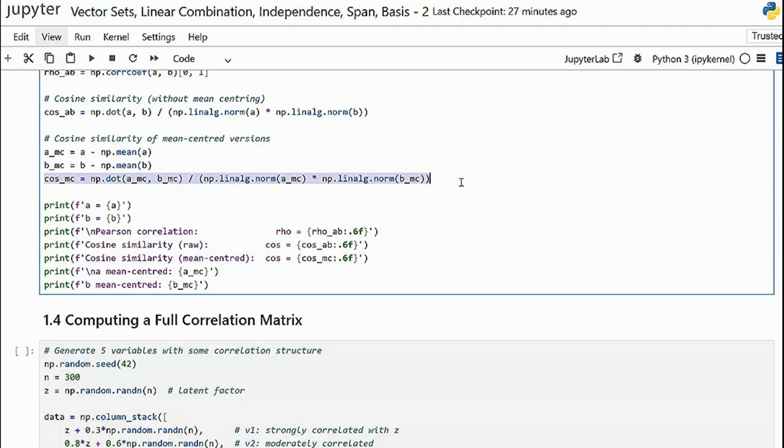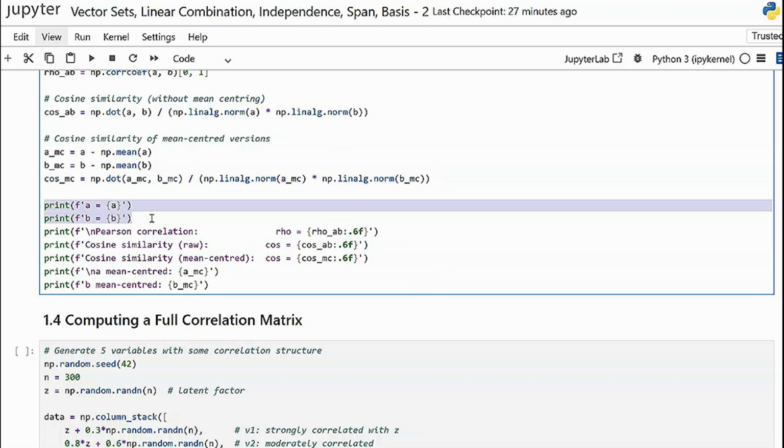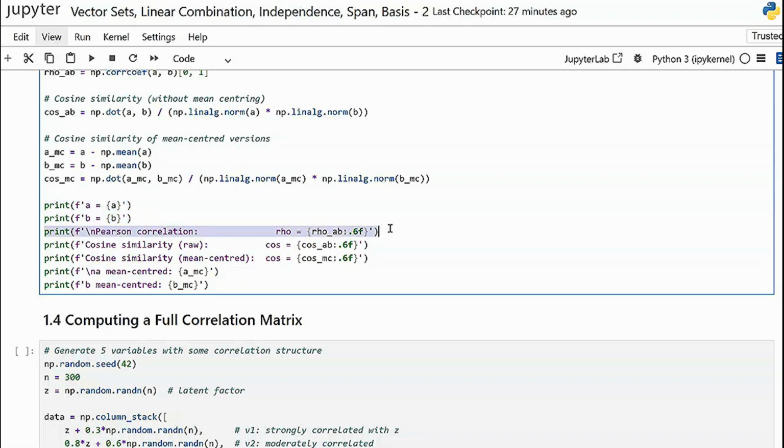This makes cosine similarity mathematically equivalent to the Pearson correlation. Now let me just print the original vectors to confirm their values, and this displays the Pearson correlation value. So this value is exactly 1.0, indicating a perfect linear relationship.